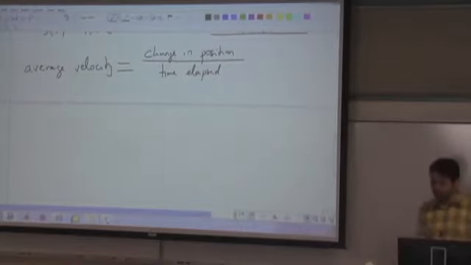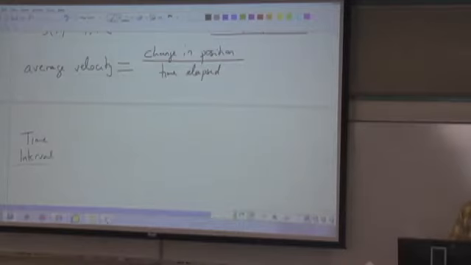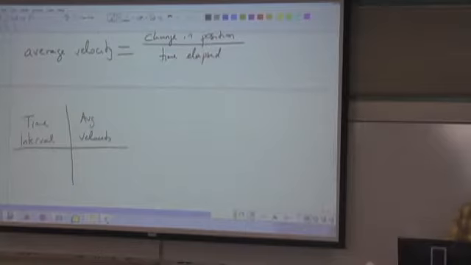Okay, so let's look at a table of data, and this is why I said I'm going to choose the example in the book, because it's a lot simpler to do versus trying to compute things. So if I look at a time interval, and I look at my average velocity, let's see. If I look at the interval between 5 and 6, this is going to end up being 53.9.